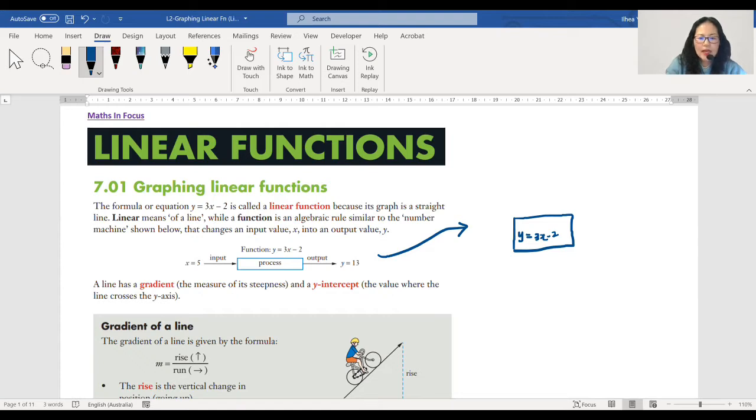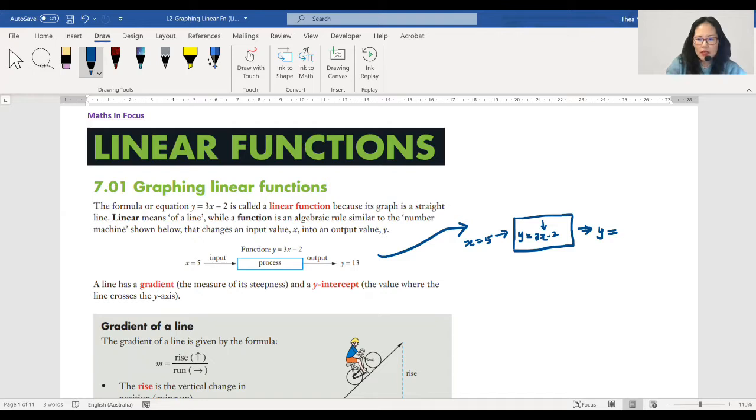And if I put x equals 5 into this box, which is only going to go in where x is, that means 3 times 5 minus 2. And what will come out is y equals.